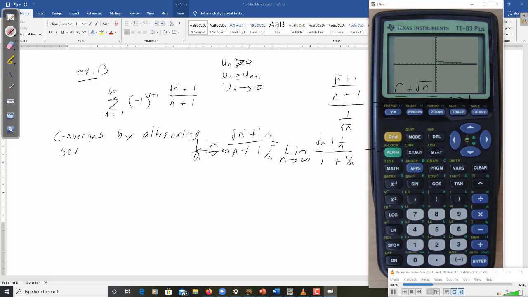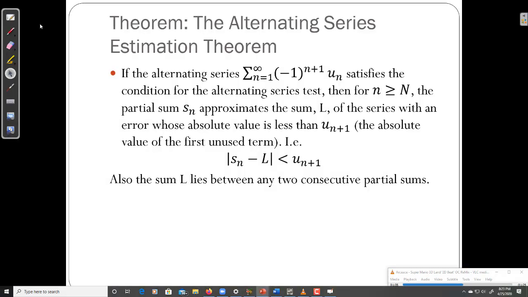So it's a neat little test. You have to show a limit happens, but alternating series converge a lot more than just non-negative series because they don't have to go down quite as quickly. And here's a theorem you can use to estimate your error in approximating with a finite number of terms, with a partial sum, basically.